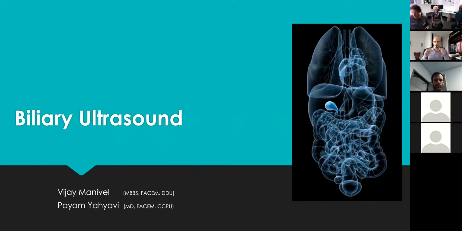As far as I noticed, it's mainly the gallbladder and biliary tract assessment, not much of a hepatic assessment. So I pretty much deleted the slides about the differential diagnosis for hyperechoic and hypoechoic lesions of the liver and that sort of thing. I made it more about the gallbladder and the biliary tract.